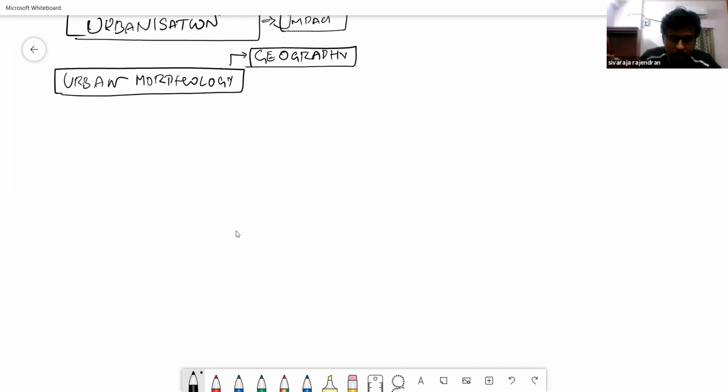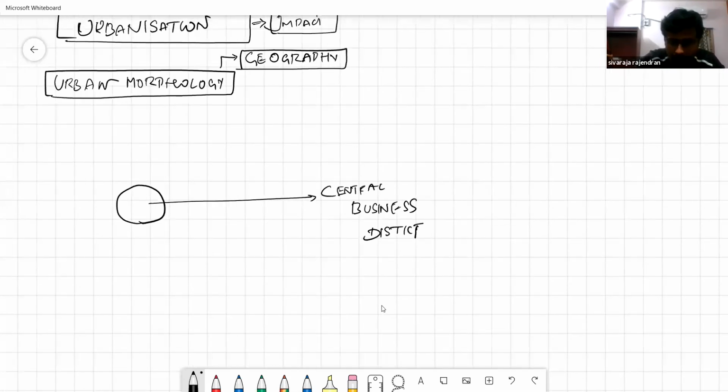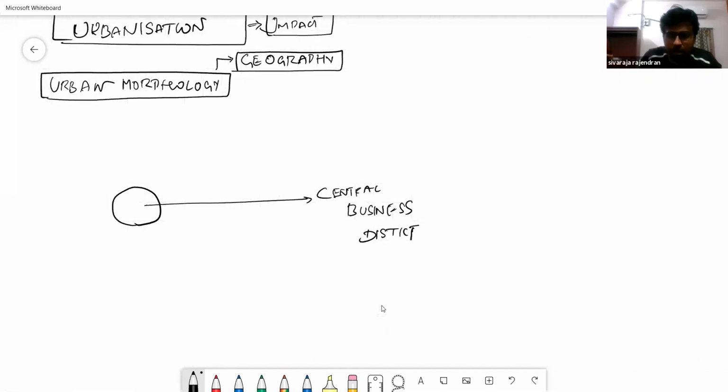For example, if you closely watch, there will be a central business district. Have this in a simple fashion, because as I told you, this will not be asked per se, but when you know this, it will be helpful whenever you are analyzing an urban city.